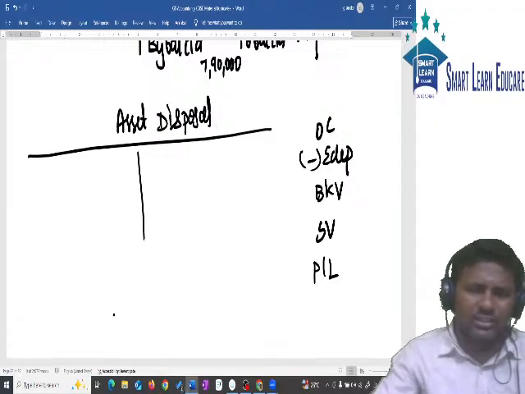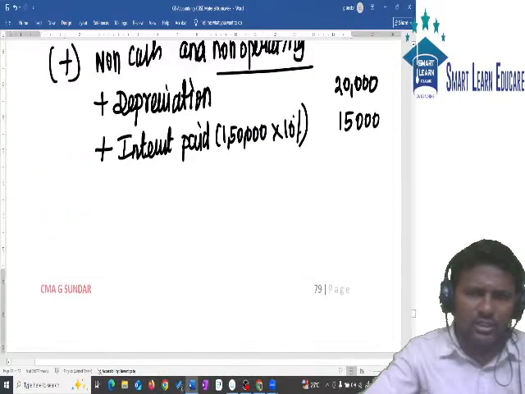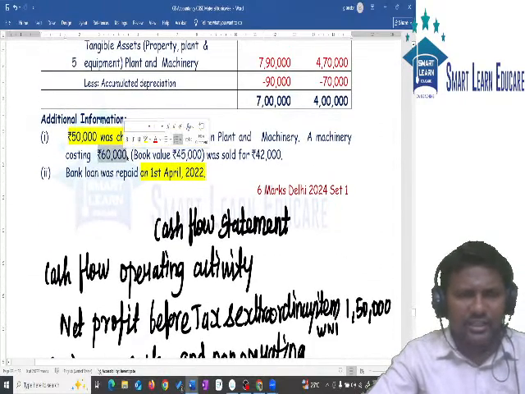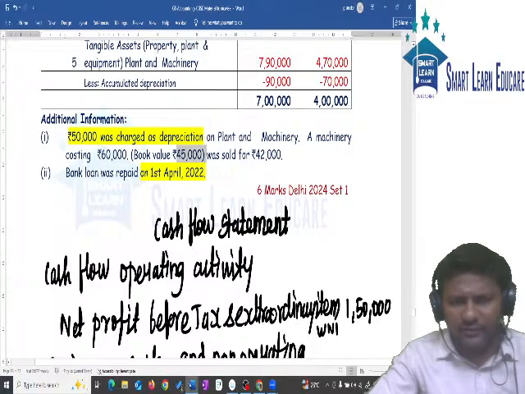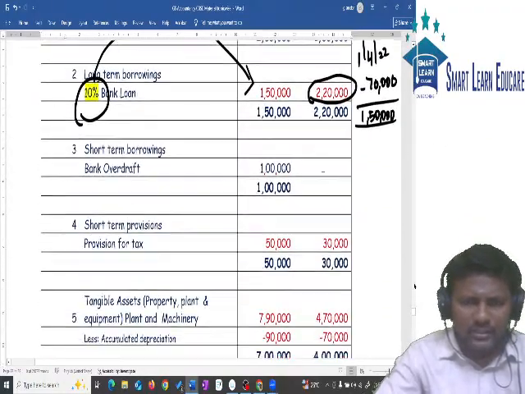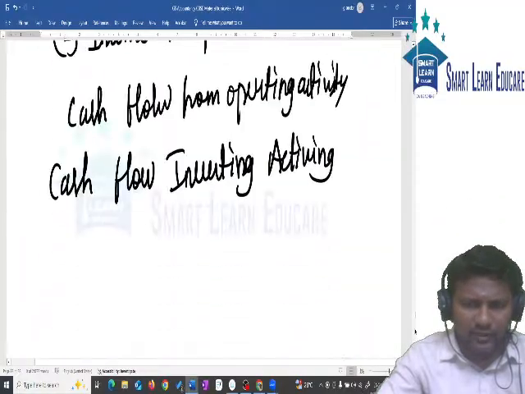In this question, what is the original cost of the asset? Original cost is 60. Book value is 45. Sold for 42. 60, 45, 42.